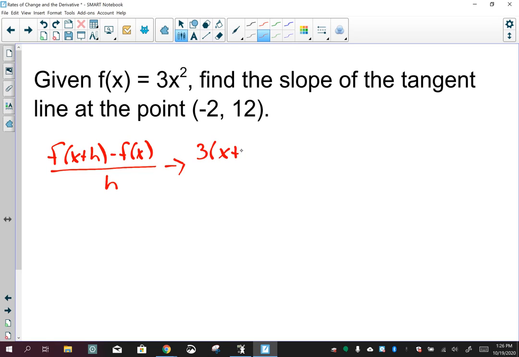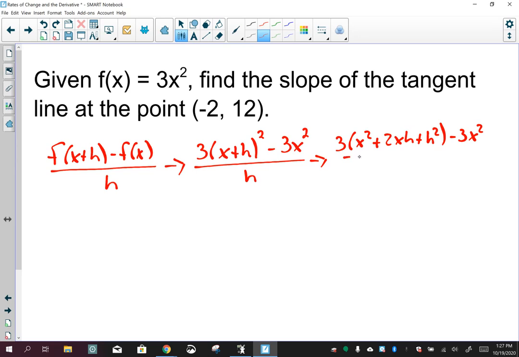So 3 times x plus h squared minus 3x squared all over h. So that's 3 times x squared plus 2xh plus h squared minus 3x squared all over h.